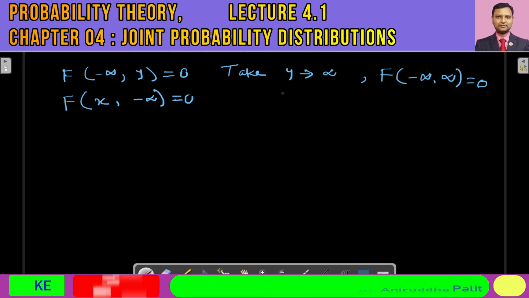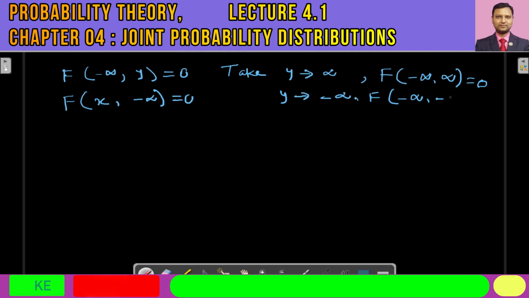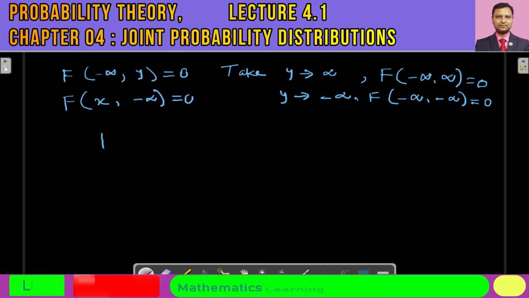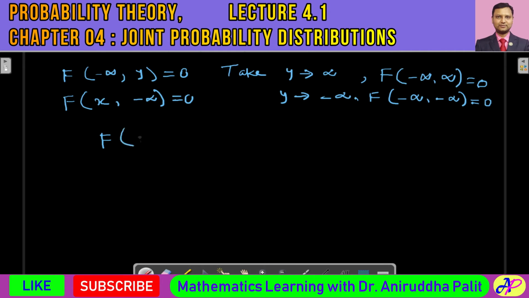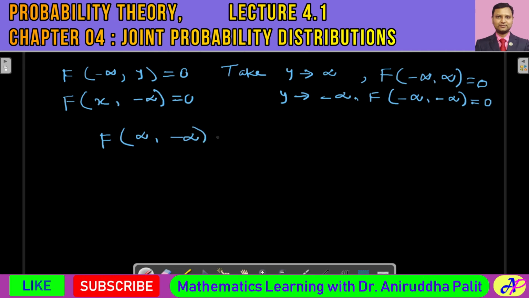Again, if you take y tending to the limit minus infinity, we shall have f of minus infinity comma minus infinity, that is also 0. Over here you can also take the limit x tending to plus infinity or minus infinity, and in that case you get this result, f of infinity comma minus infinity is equal to 0.